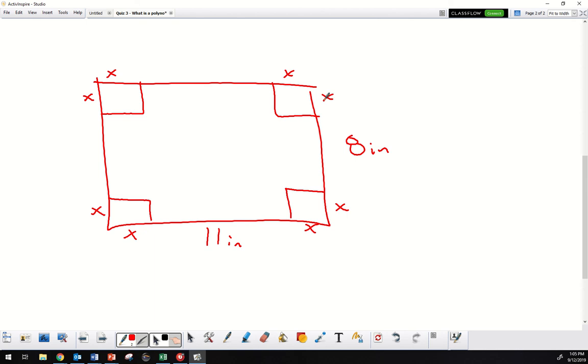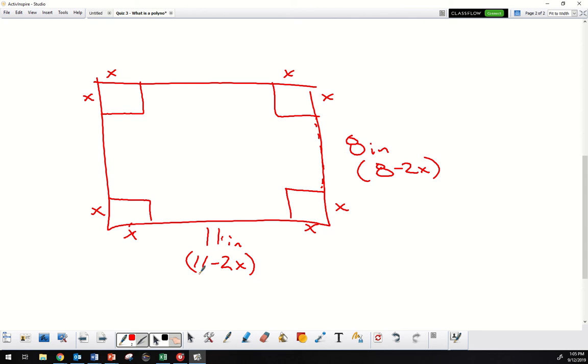If I'm cutting out an x there, this side right here is going to be 8, and since I'm cutting out pieces, it's going to be minus 2x. So this side is going to be 8 minus 2x. This side over here is also going to be the same thing. So it's 11, and I'm cutting out 2 pieces, so it's going to be 11 minus 2x.